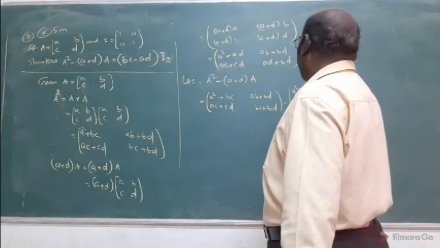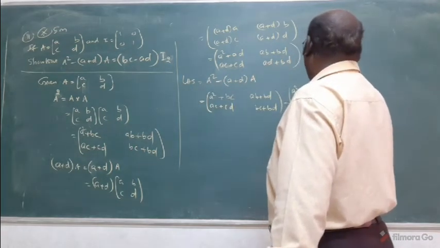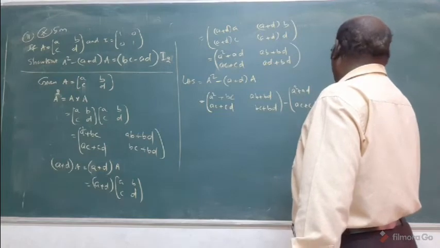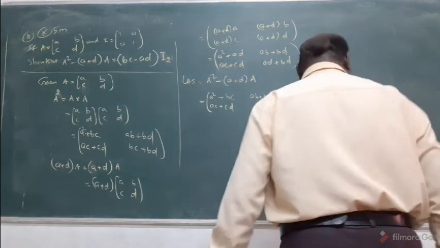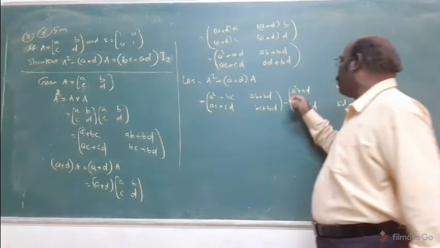Here, A square plus A D, A C plus C D, here, A B plus B D, A D plus B D. In between is what? Minus. In between minus. That's why subtract what we get answer.